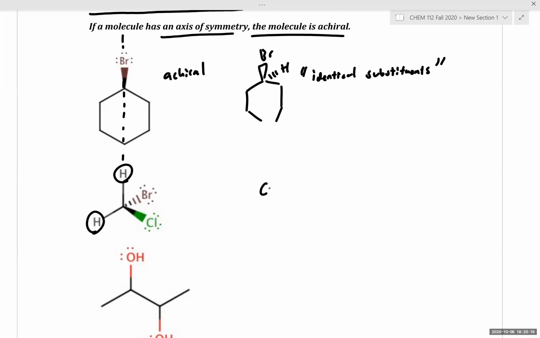So here we have our tentative structure, and we can easily draw a plane of symmetry after rotation where we cut the molecule vertically. Does everyone notice how if we cut the molecule on this plane of symmetry, our 2 substituents on both sides of our plane of symmetry, our 2 hydrogens, are identical? Does everyone see how the 2 hydrogens are identical?